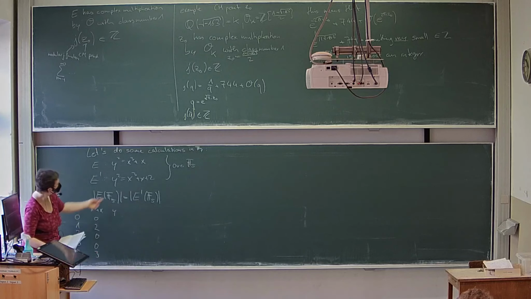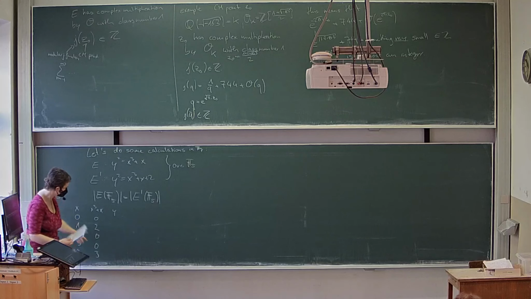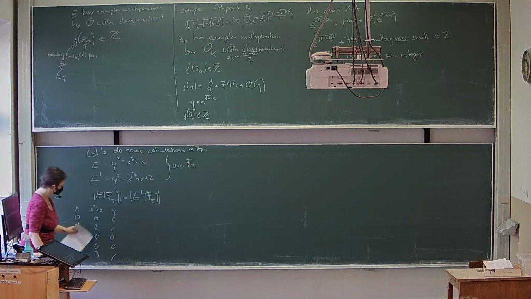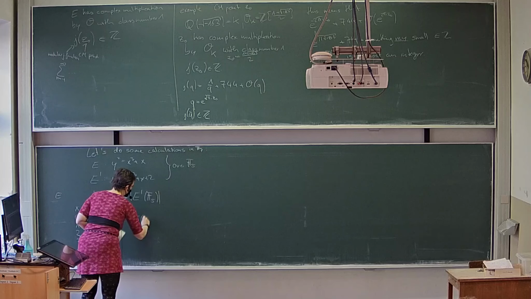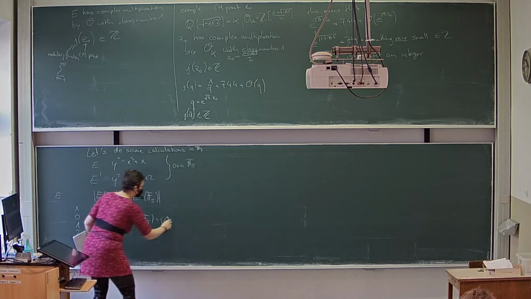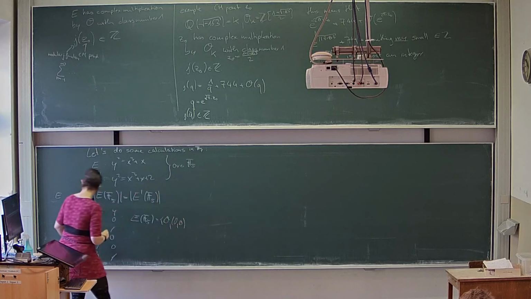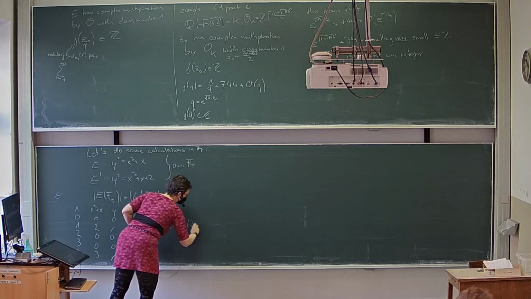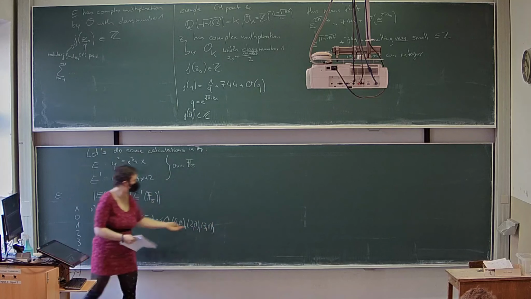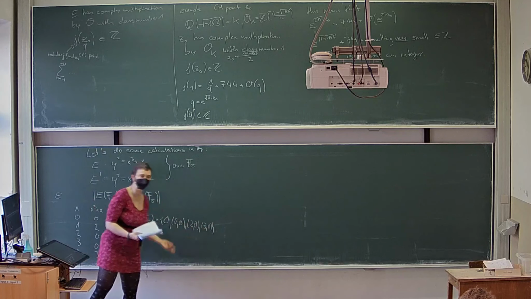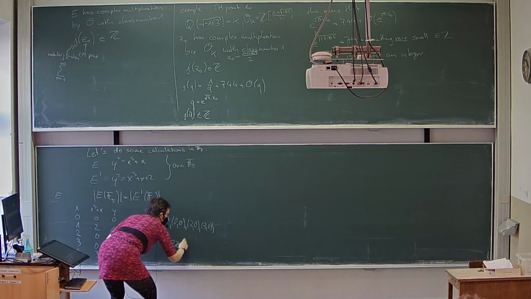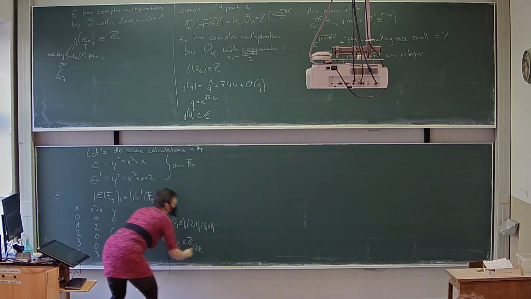And the root, well, mod 5, only 1 and 4 are squares, 2 and 3 are not squares. And here we have 0. So the points in E(F5) are the point at infinity, then (0,0), (2,0), and (3,0). These are all points of order 2 because they have 0 as a y-coordinate. So this is isomorphic to Z mod 2Z cross Z mod 2Z.